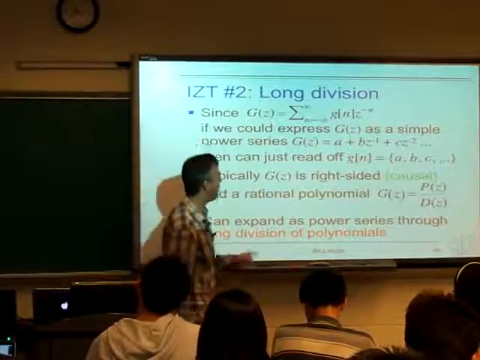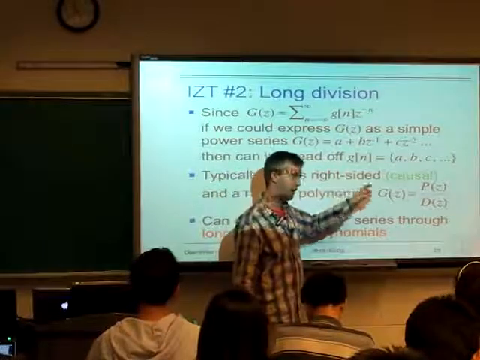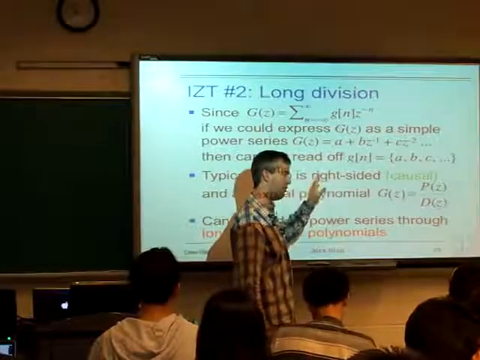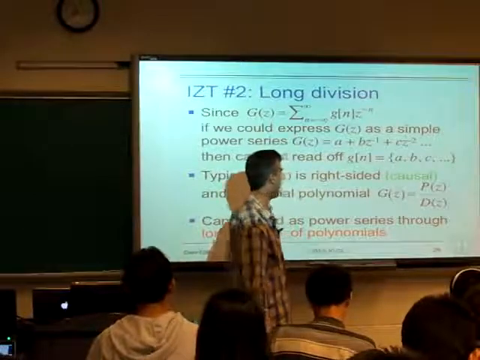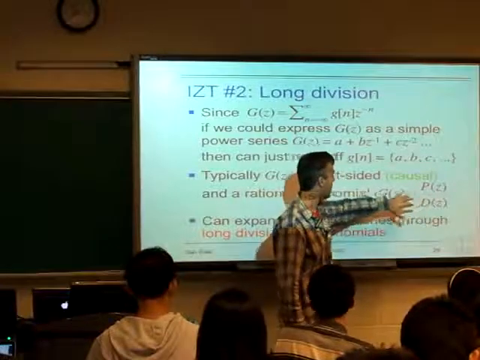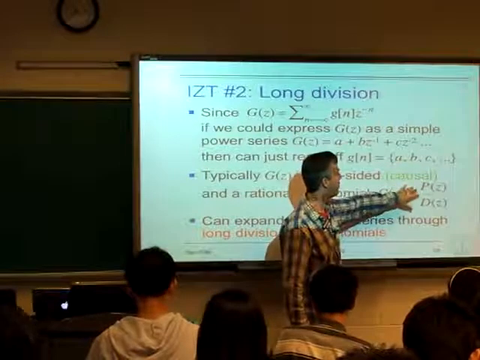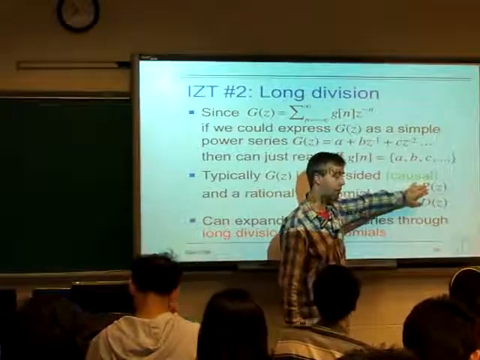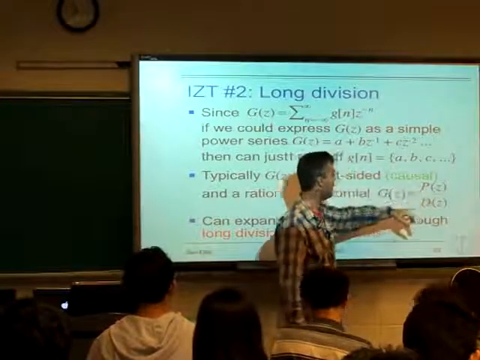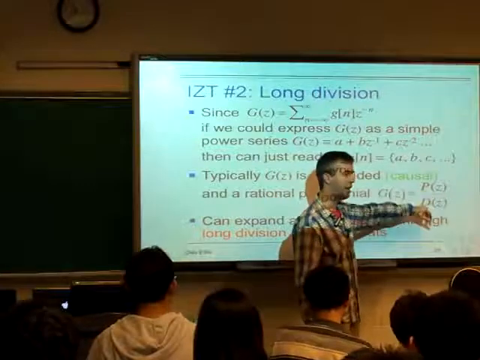If we have a g of z which is right-sided, meaning that we know that it's 0 before some value of n, and then it's only non-zero after that value of n, and it's expressed as a rational polynomial, so we've got g of z in a closed form where we've got two finite order polynomials in a ratio, we can't directly read off the individual values.